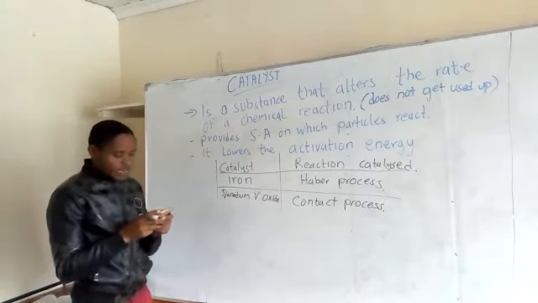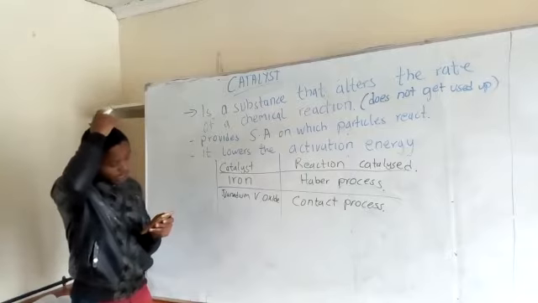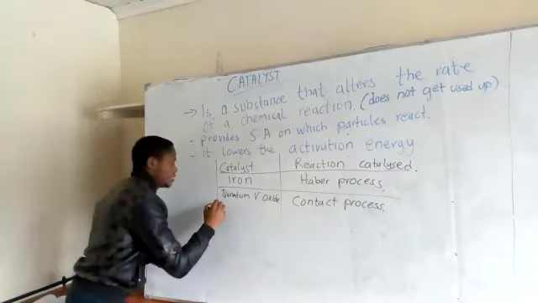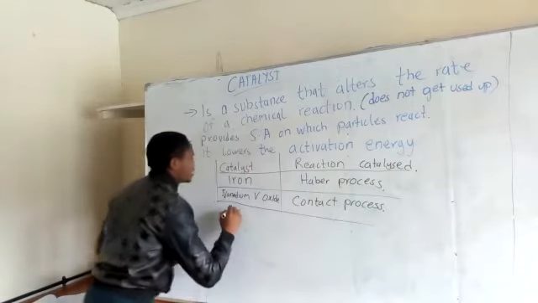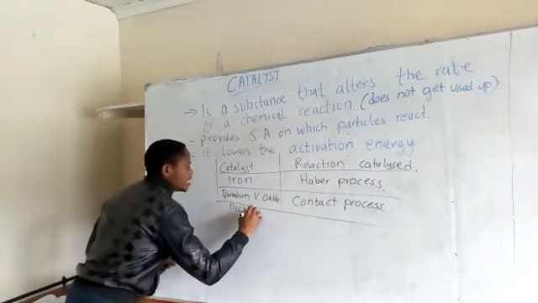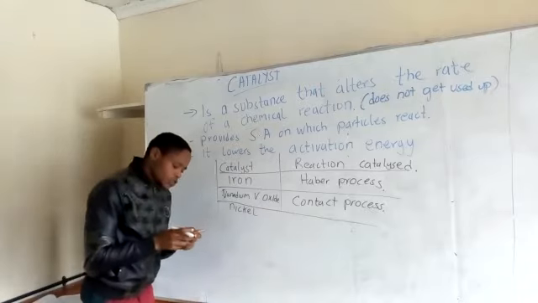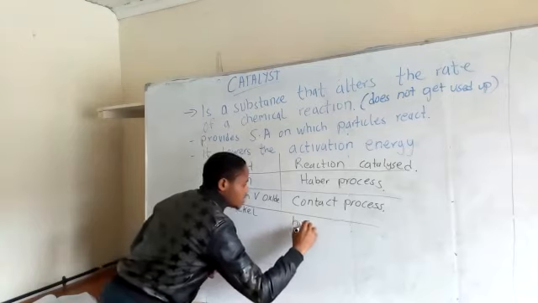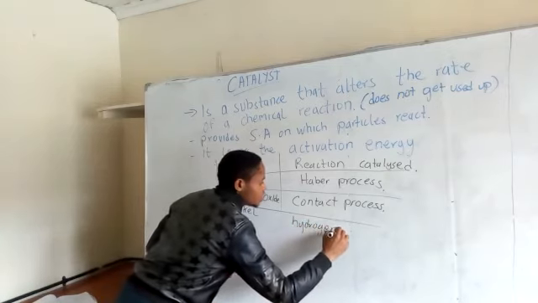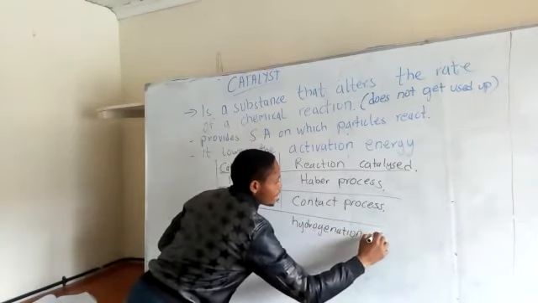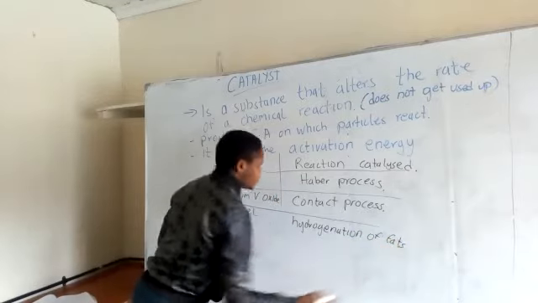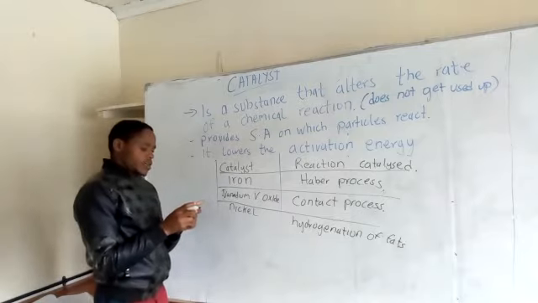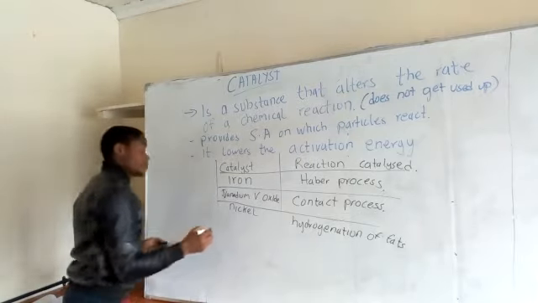There are very many other reactions. So we have nickel. Nickel is also another common catalyst. Nickel is used to catalyze the hydrogenation of fats. We also have aluminum oxide.